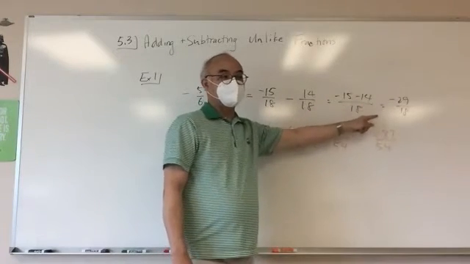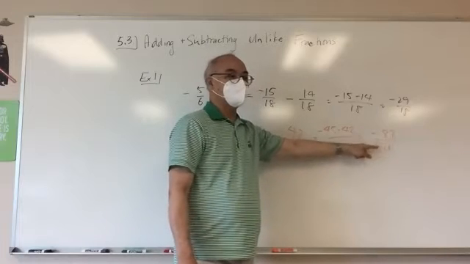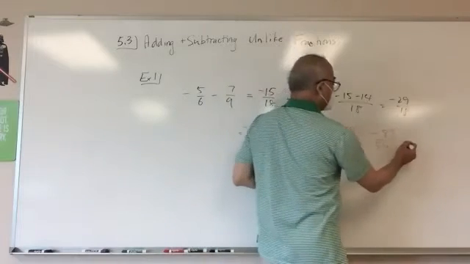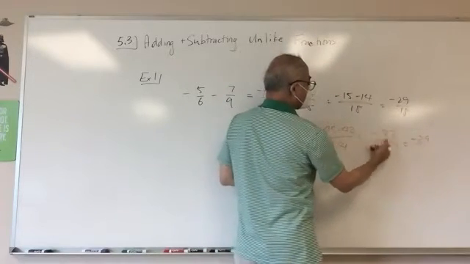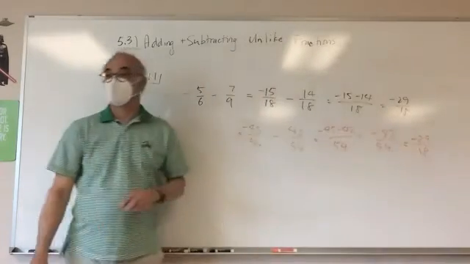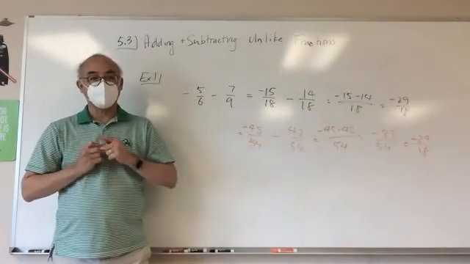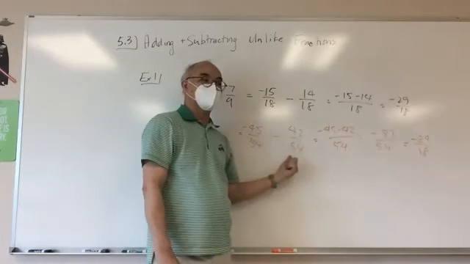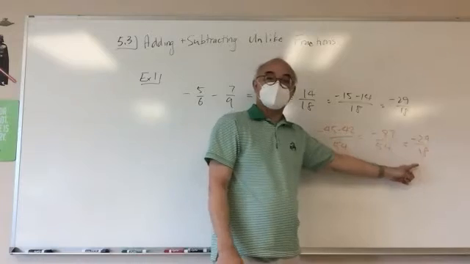Right? Okay. So I got a different answer. But really I didn't. Because both of these numbers are divisible by 3. If I divide the top number by 3, I get negative 29. If I divide this guy by 3, I get 18. Okay? So even if you somehow get the wrong least common multiple, in the end, your answer should come out the same.